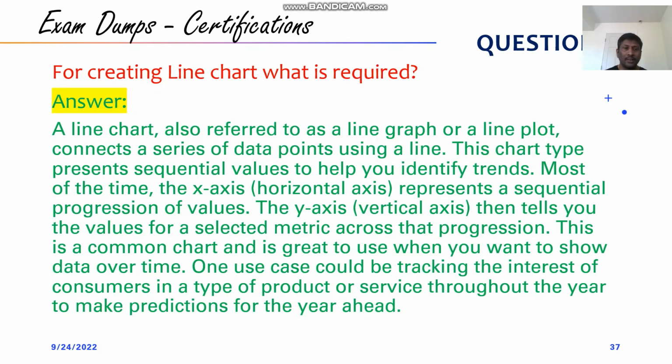A line plot connects a series of data points with a line. This chart type presents sequential values to help identify trends. Most of the time the x-axis is the horizontal axis and the y-axis is the vertical axis, which tells you the volume of values and selected metrics across that progression.